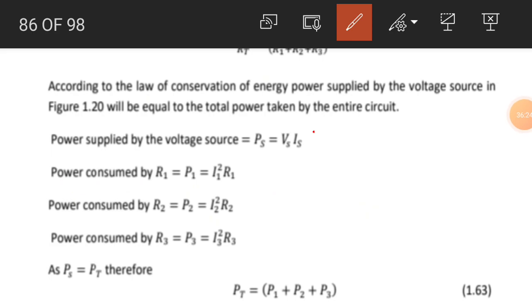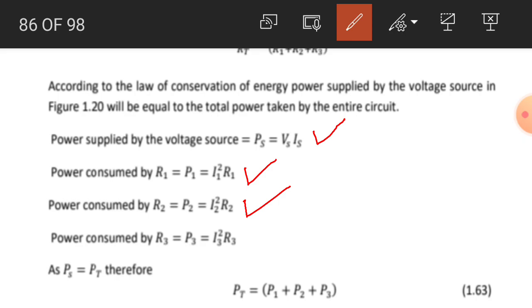We can calculate the power supplied by the voltage source with the help of this particular equation. The voltage across the source multiplied by the current in the source gives you the power supplied by the voltage source. The power consumed by R1 will be equal to I1 square R1. The power consumed by R2 will be equal to I2 square R2.